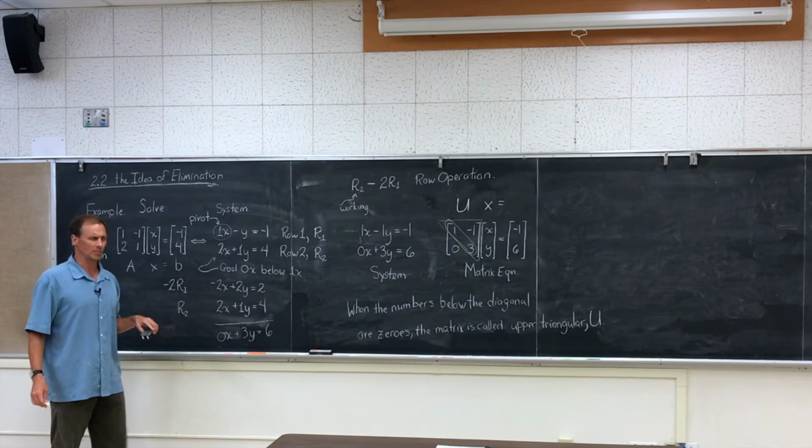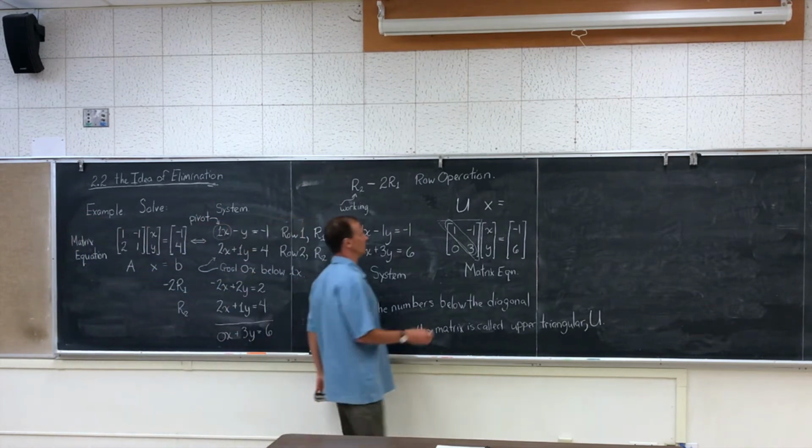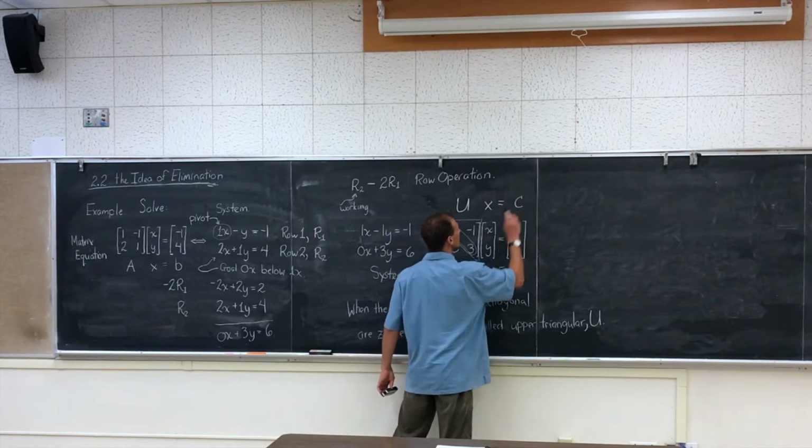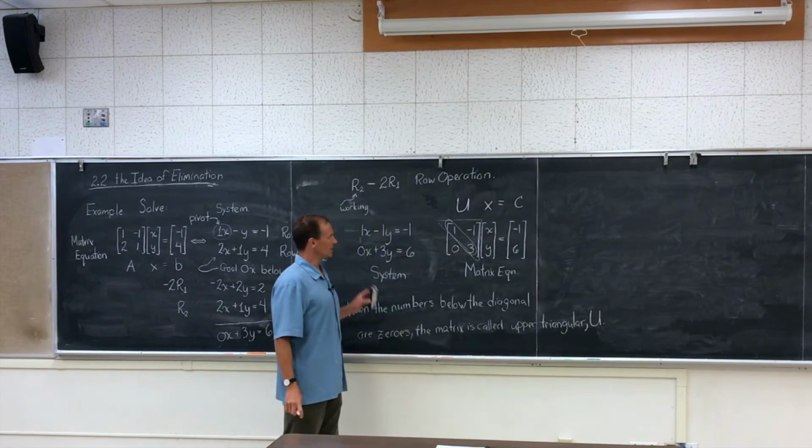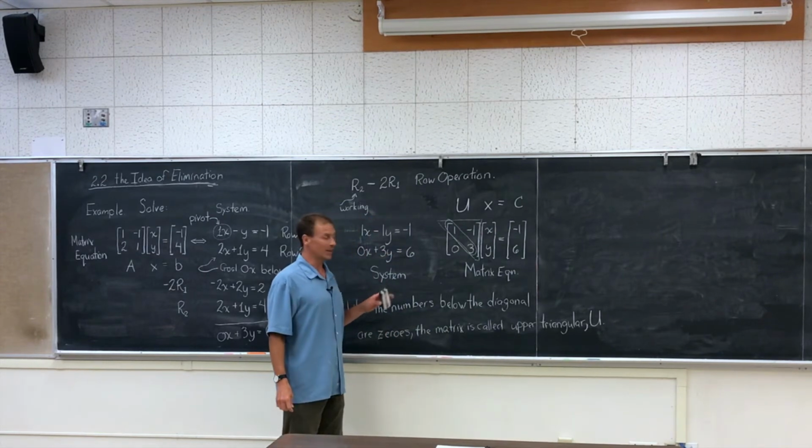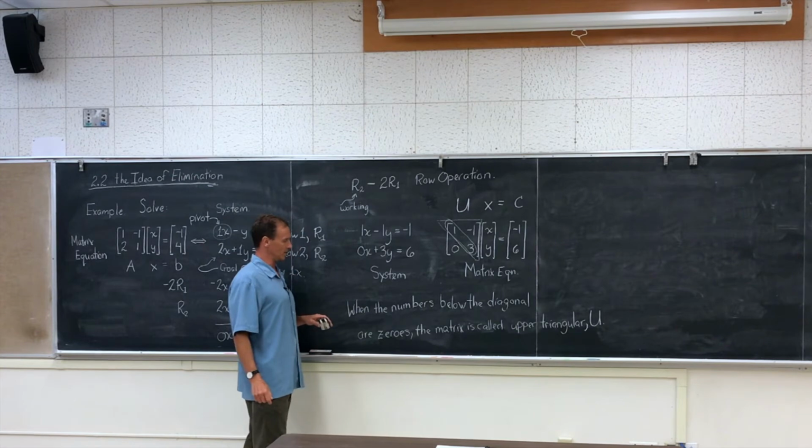So it's not b anymore. We call that c. Once we're to this form, Ux equals c, we can then simply solve by back substitution.